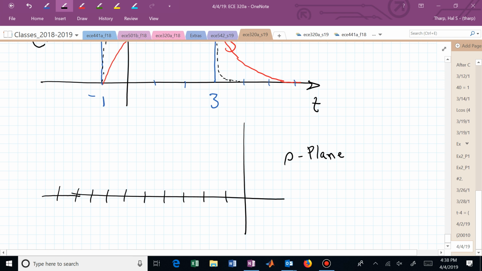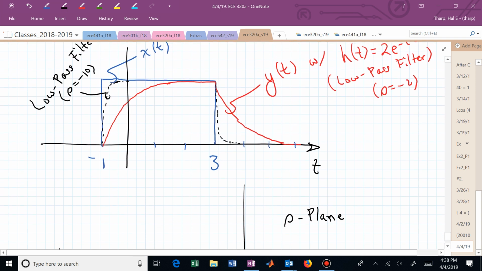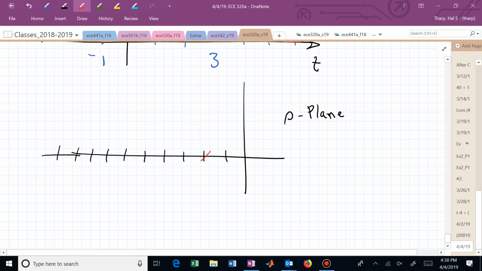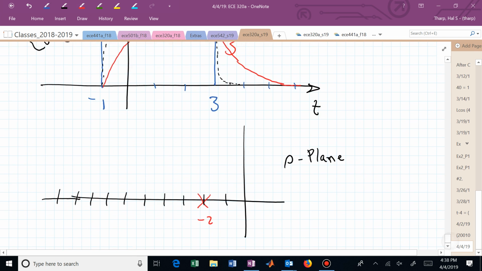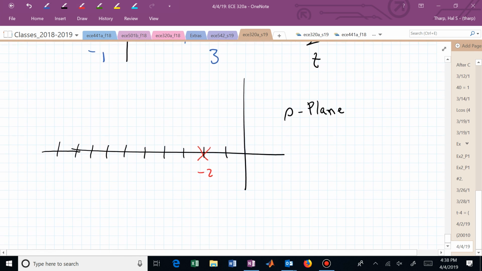But here's the S-plane plot. What color was I? So the low-pass filter there was -2, and the other one, which was the low-pass filter that had a higher bandwidth, I hope I put 10 tick marks here, it was there. Those are two different low-pass filters. One has a bandwidth of, or its omega is 2. The other one has a bandwidth of 10.